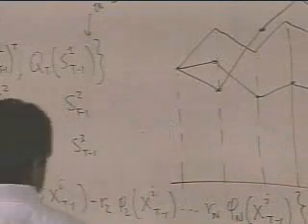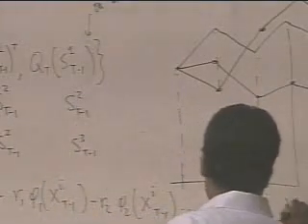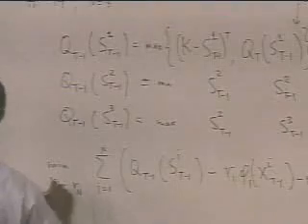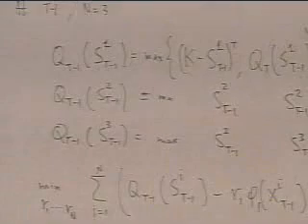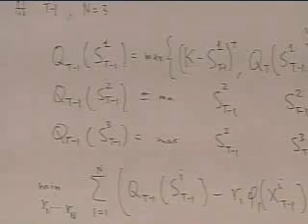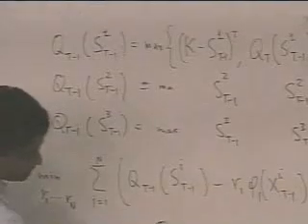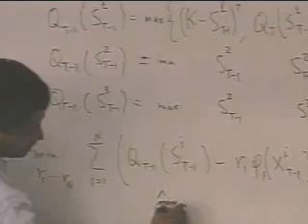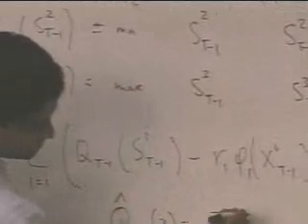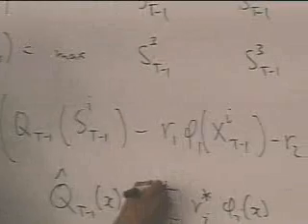So this whole thing is the error at one of those data points. And you minimize this over the choice of R1 up through Rn. This is a simple minimum mean square error problem, or least squares problem. So you compute the solution of this, and you get an approximation Q hat of t minus 1 of x, which is simply given by the optimum solution, sum of R star i phi i of x, i going from 1 through n.